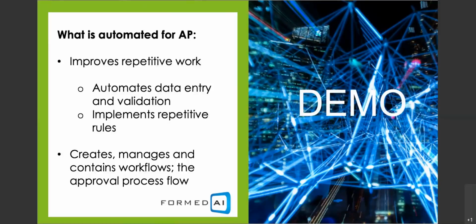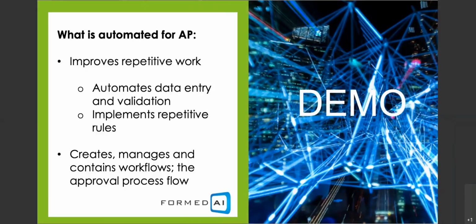So with FormDI, what we do is we can actually process that data for you and get 99% data accuracy, which is really unheard of across the industry. The next thing you can do is automate repetitive rules. So we find patterns to improve that repetitive work. What makes us special is our engine can identify certain rules that keep repeating, and by using AI and some scripting, we are able to build these rules and it learns as it goes.